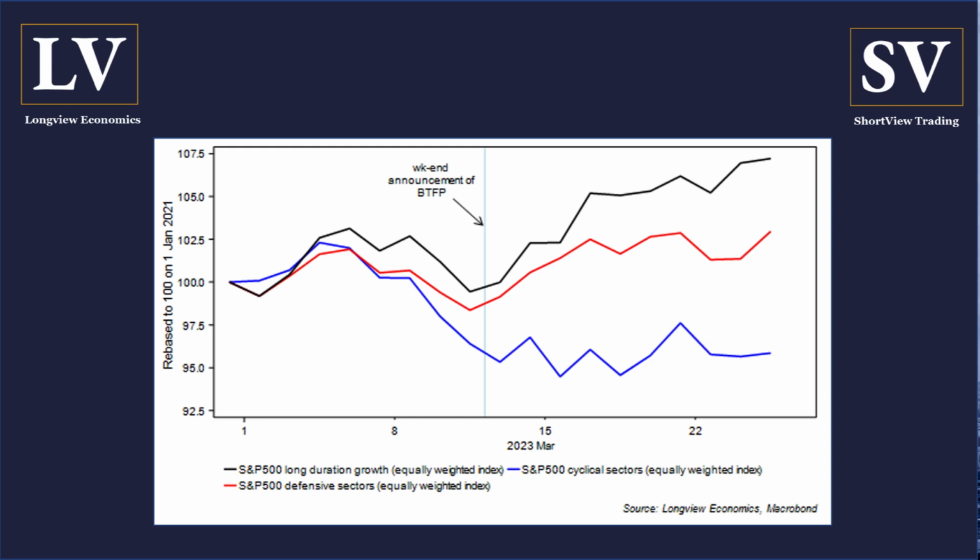If you split the S&P 500 in that way, you start to get a better understanding of what's really going on. And indeed, as you can see in the chart, the defensives are broadly flat, tech is up a lot, and the cyclicals are down meaningfully over the course of March.